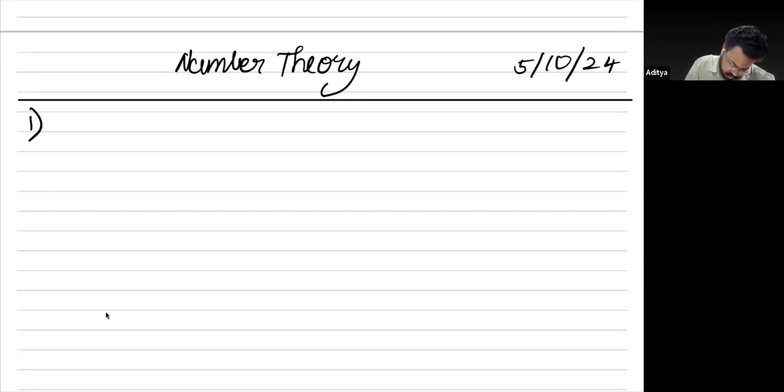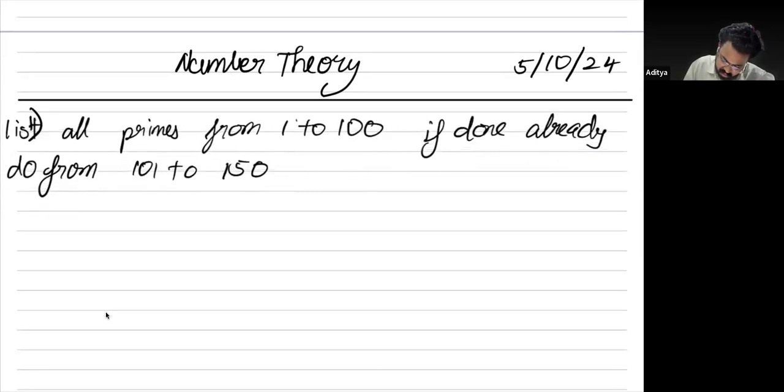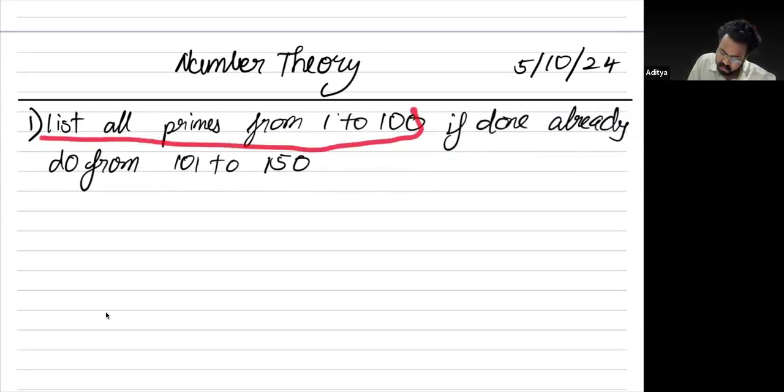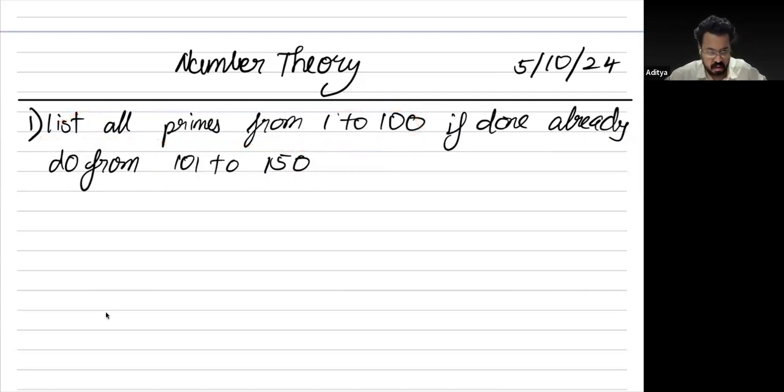Okay, one time-taking but fruitful exercise in my opinion. List all the prime numbers from 1 to 100. If you have already done this ever in your life, then do from 101 to 150. Okay, I'll give you 5 minutes. Let's see how fast all of you can do it.